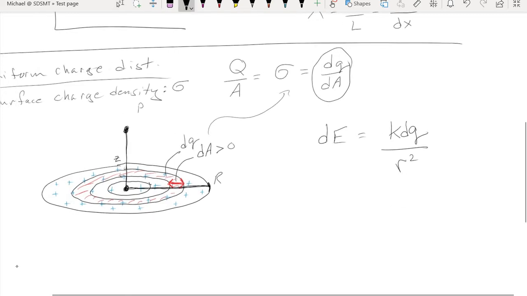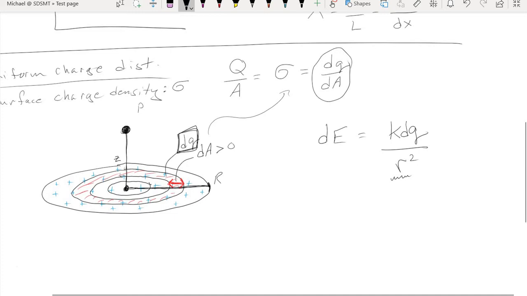Each ring segment that I use will have that infinitesimal charge. I just need to know now how far is each one of those ring segments from the point P where I'm trying to measure things.